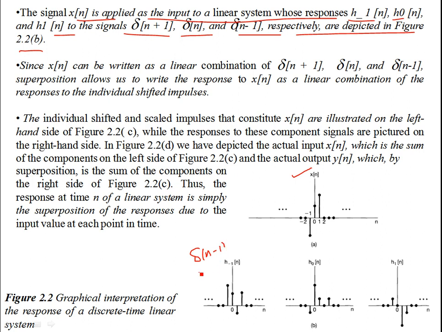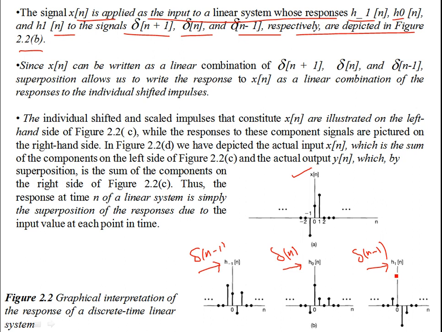Delta n minus 1 yields this response of the linear system. For delta of n, my response is h naught of n. Then for delta n minus 1, my impulse response is h1 of n.